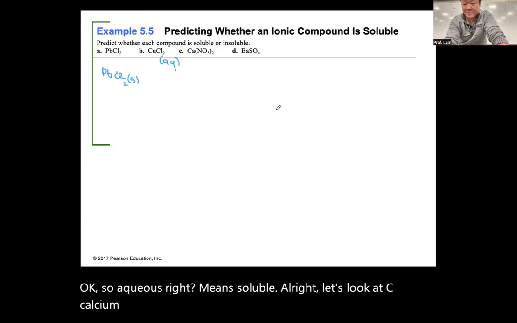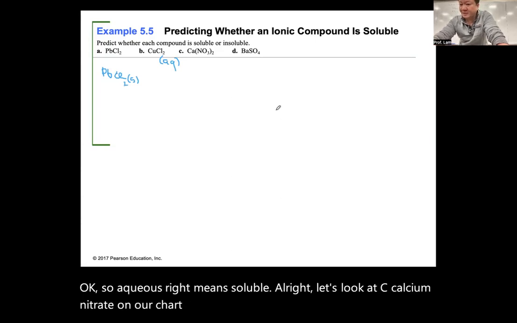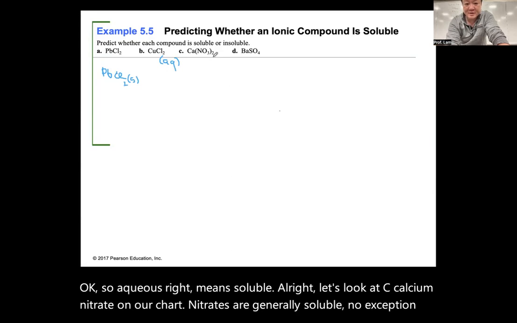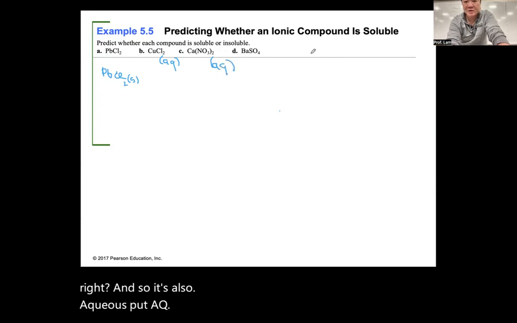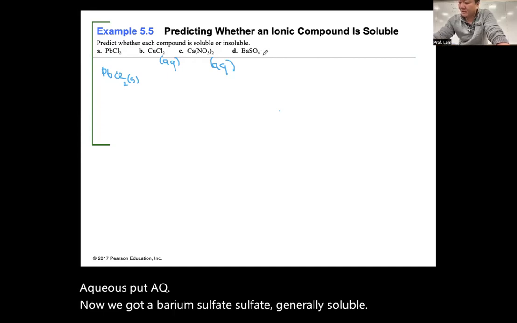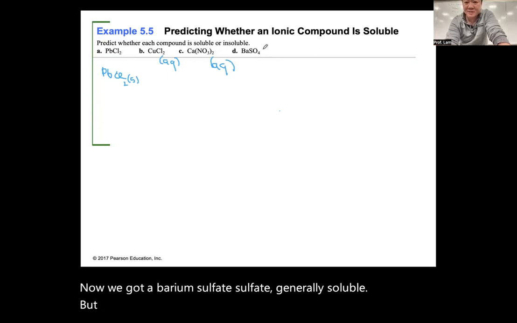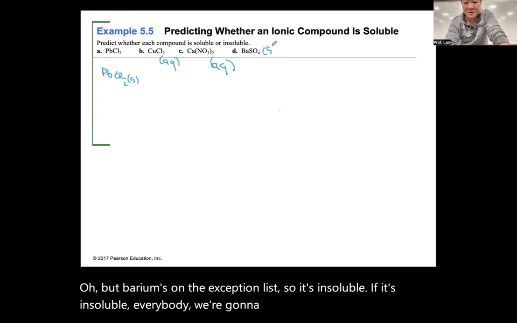On our chart, nitrates are generally soluble, no exception, and so it's also aqueous. Put AQ. Now we go to barium sulfate. Sulfate, generally soluble. Oh, but barium's on the exception list, so it's insoluble. If it's insoluble, everybody, we're going to put solid next to it. All right, does that make sense?